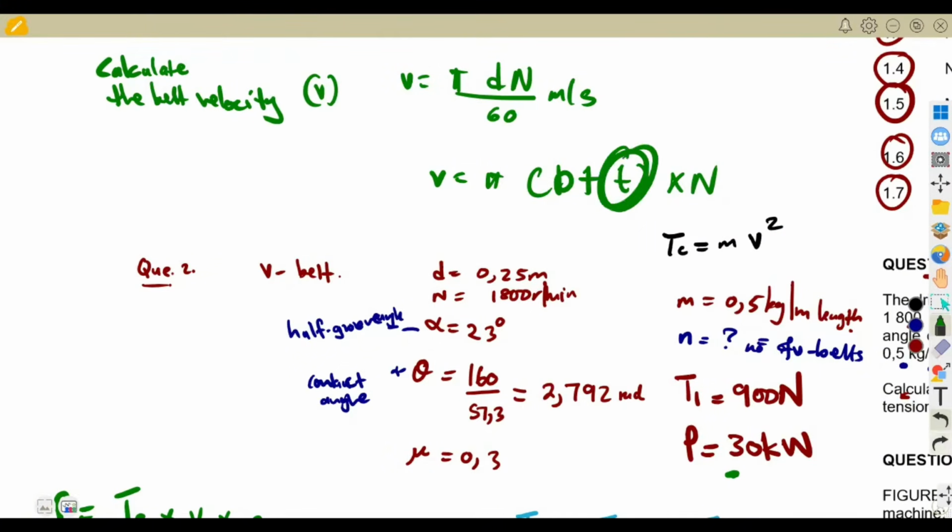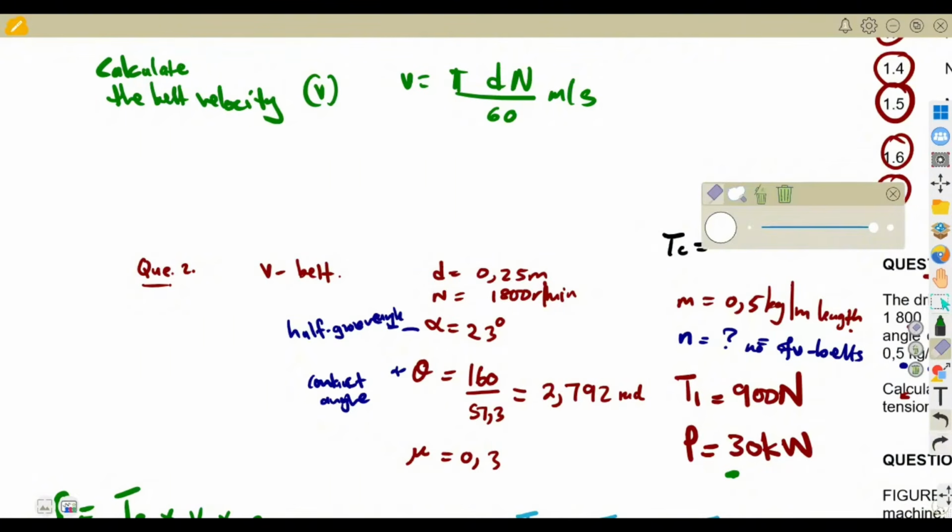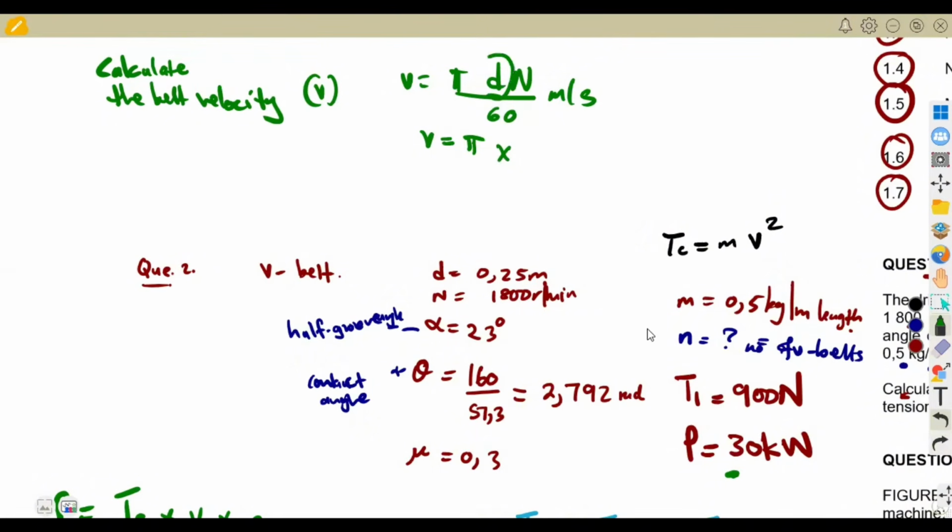So we do not have the thickness. That means this formula is not valid. This one is not going to work. We are going to use the formula that we had in the first place. So by substituting, we can calculate our V: pi times the diameter, which we are given in meters, all right, which is 0.25, times N in revolutions per minute, 1,800, everything over 60.